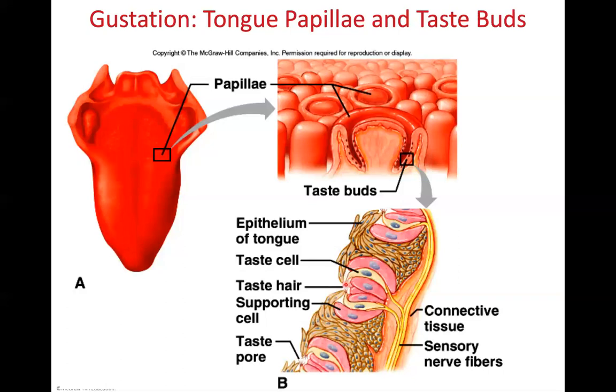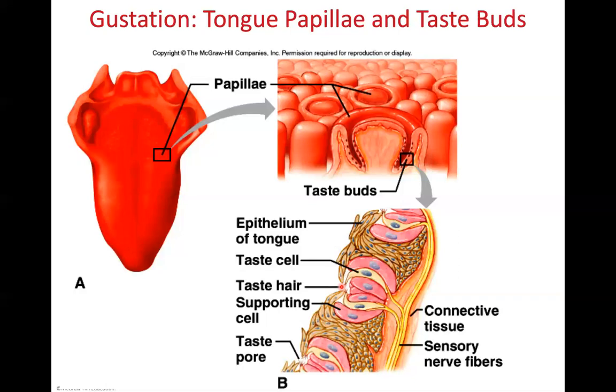And the taste buds have a tiny little taste hair, a projection out from the outer end of the taste cells. And those are the sensory parts of the receptor cells. So these taste cells, or gustatory cells, they detect tastins, which are molecules and ions within food.